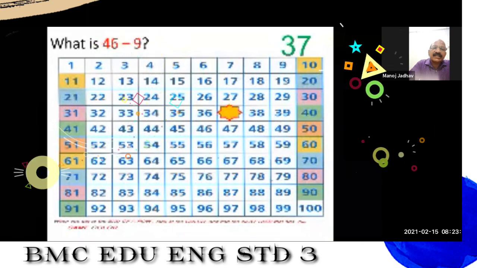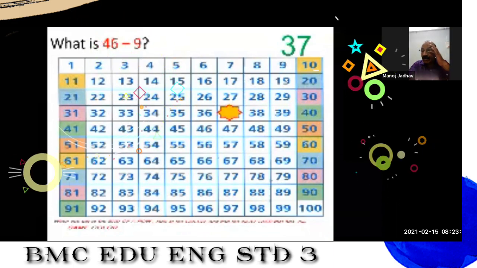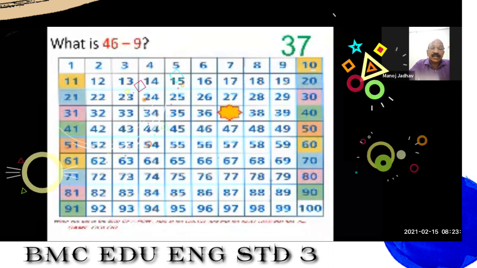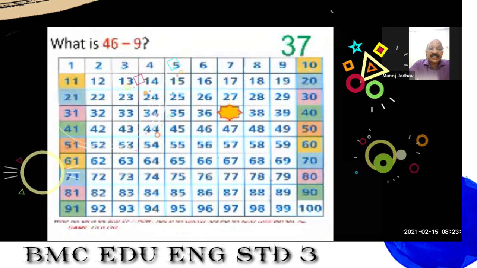So our answer is 37. 46 minus 9 is equal to 37. Do you understand this? Isn't this interesting?